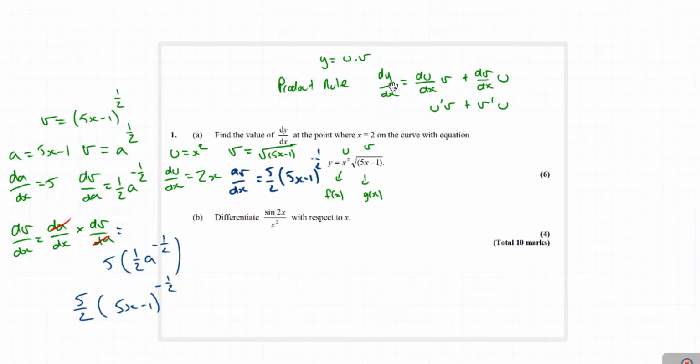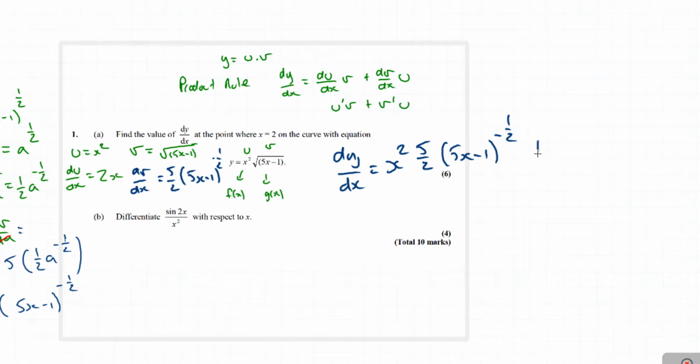Plugging this into our product rule, dy/dx is equal to u v prime. So that's going to be x squared, 5 over 2 times 5x minus 1 to the power of minus a half, plus v u prime, so that's going to be 2x root 5x minus 1.